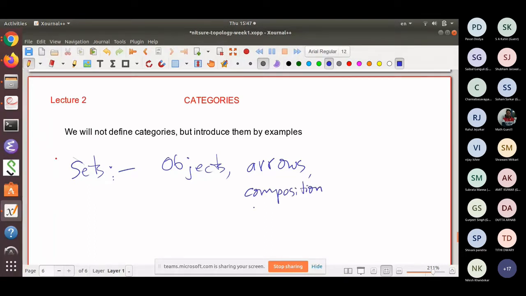And there is identity. And there is associativity of composition. This composition is associative. Okay? And there is an identity arrow for each object.